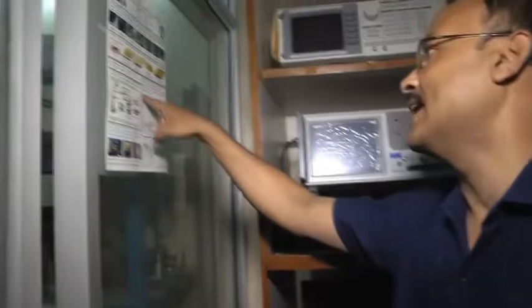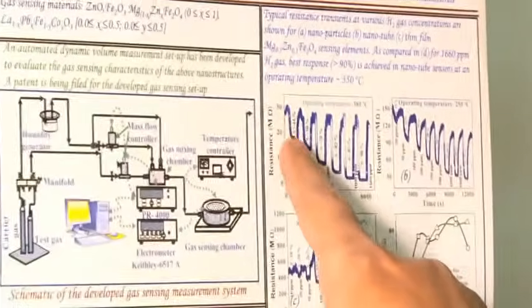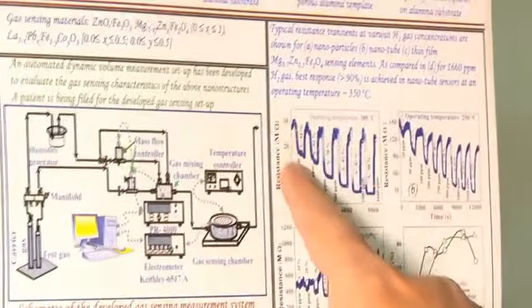When you pass gas, then the resistance changes, and depending on the concentration of the gas, the resistance changes more. So, you can calculate the response percent from this transient data, that is, how much is this change, resistance in air and resistance in gas.